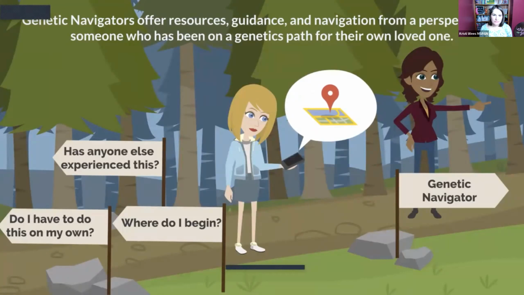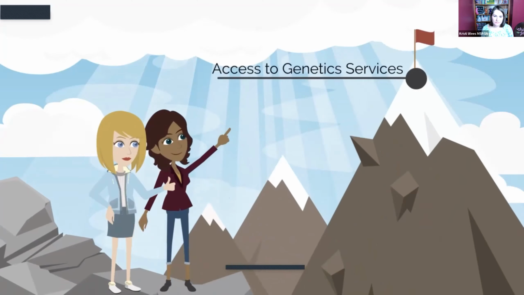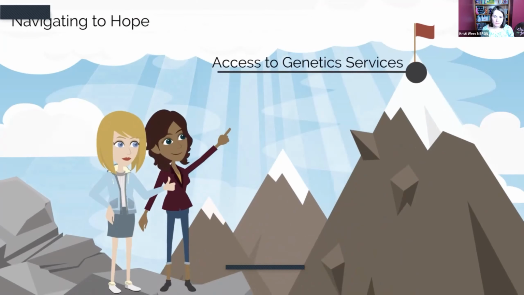Genetic navigators offer resources, guidance, and navigation to others from the perspective of someone who has been there and done that and has been on a genetics path and journey for their own loved ones. Sometimes we all just need a helping hand. The ultimate goal of the program is navigating to hope for families who may be filled with questions, who may be looking for resources, or who may be experiencing barriers to accessing genetic services in their state.